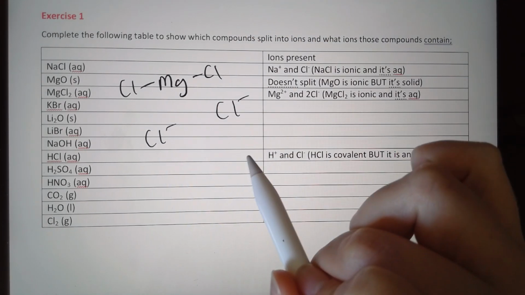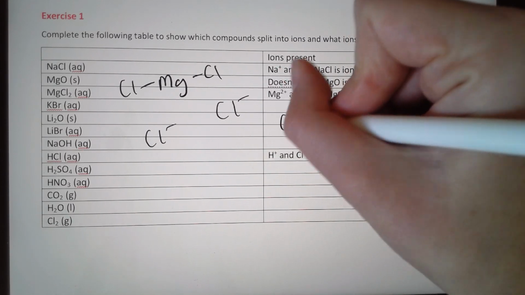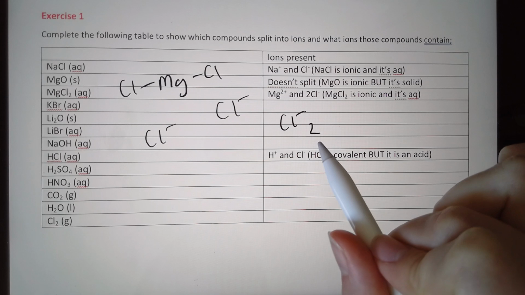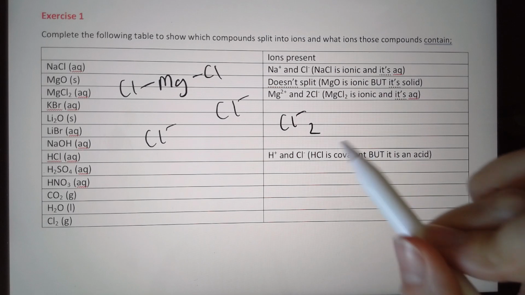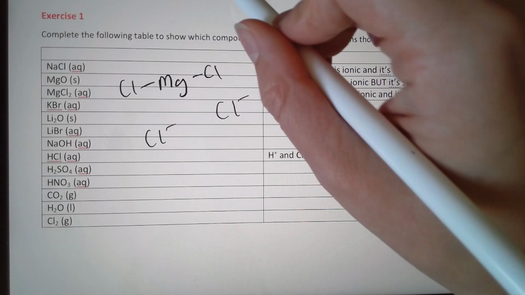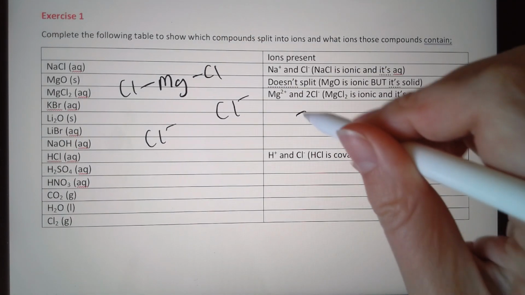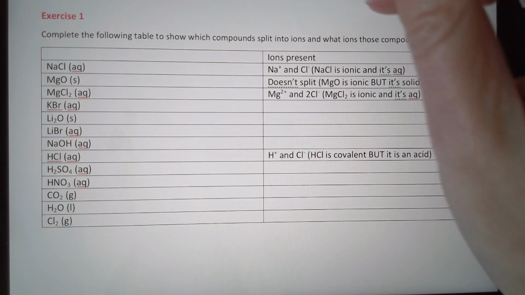And the reason they'll exist separately is because they're both negative, so they repel each other. So to write Cl- with a little 2 would tell me that they were bonded to each other. They can't be, they repel each other, so I switch that to a big 2 to show that they're totally separate. Okay, and remember, even in MgCl2, the chlorines aren't actually bonded to each other. They would be on either side of your magnesium.